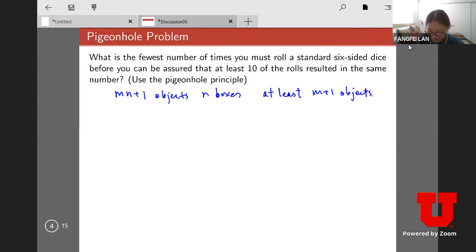Right? So these are just like expressions. What we want to do is fit all the numbers into these expressions if we can.